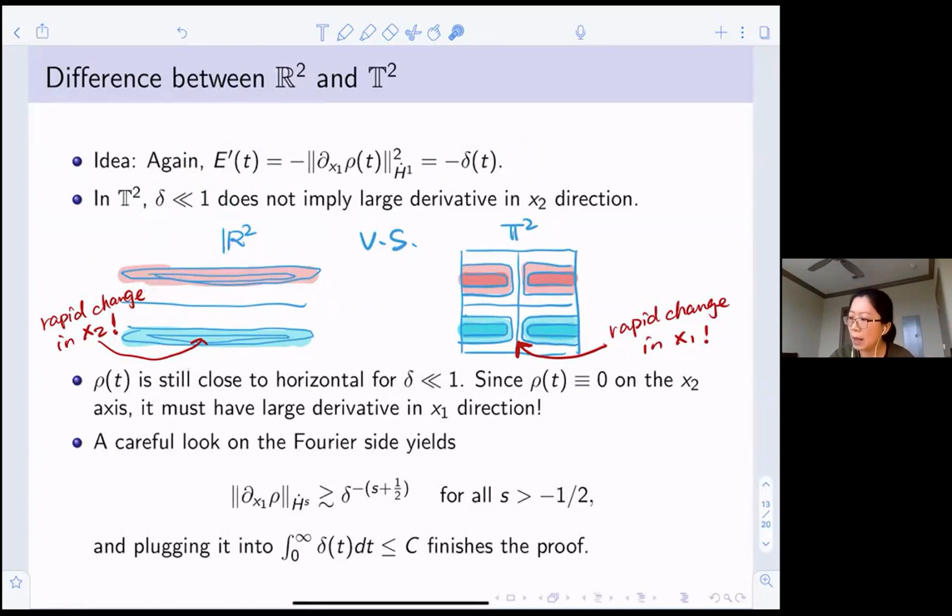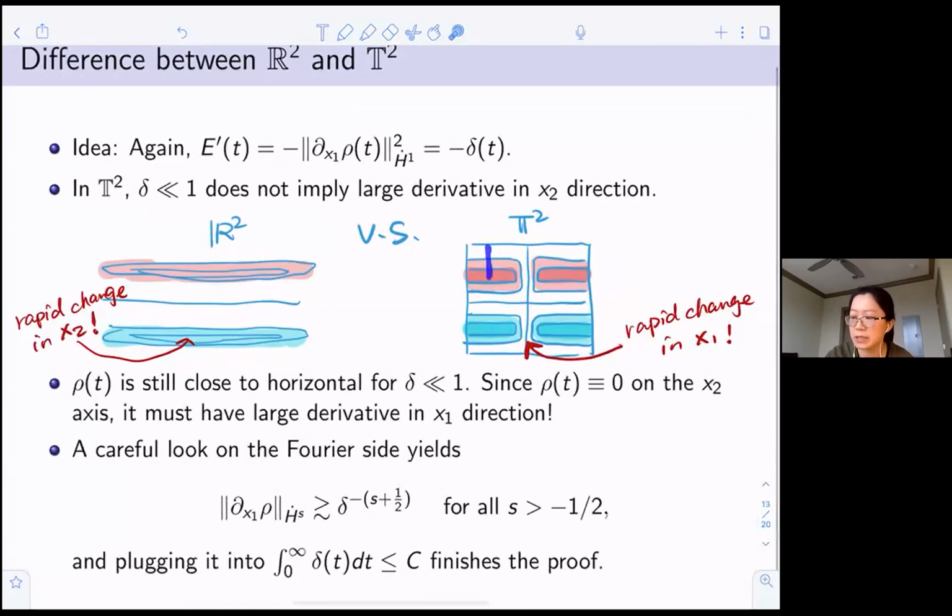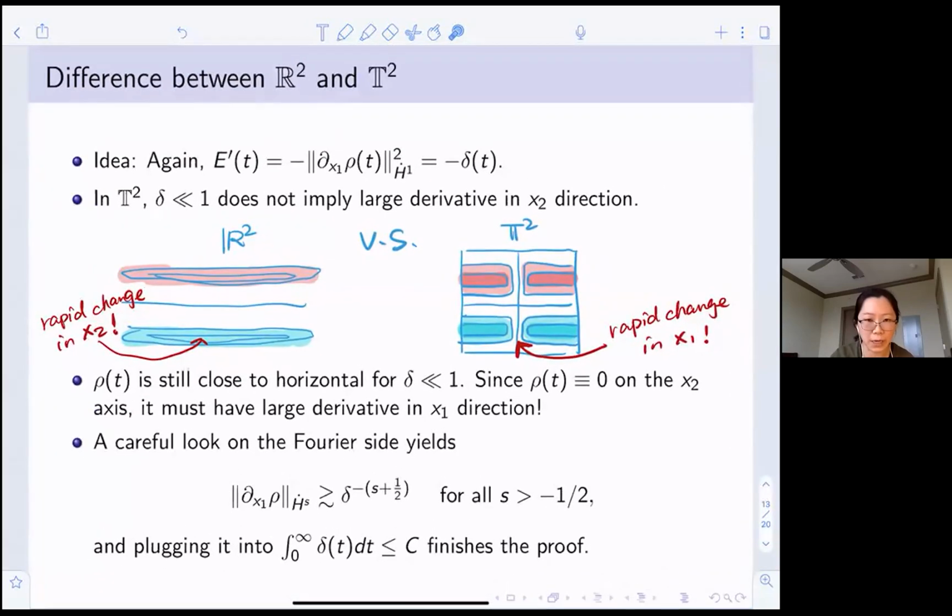However, in the torus, things are a bit different. Even if at some later moment delta is tiny, which means rho is very close to horizontal in the distribution sense, it doesn't mean that there has to be a large derivative in the x2 variable. It could be just of order 1.